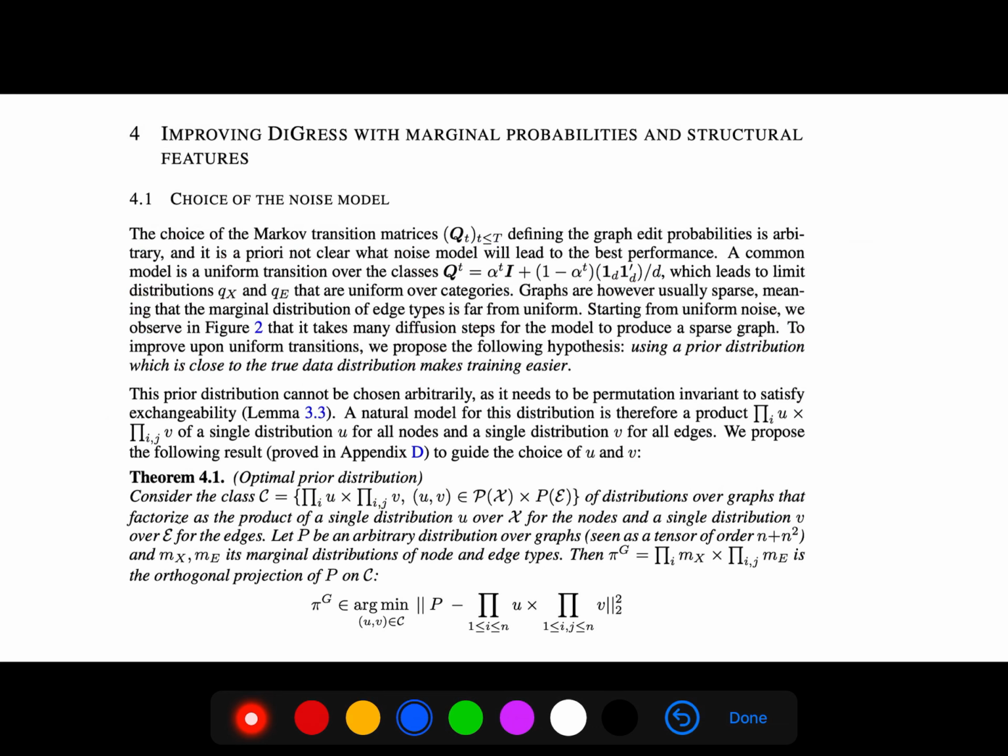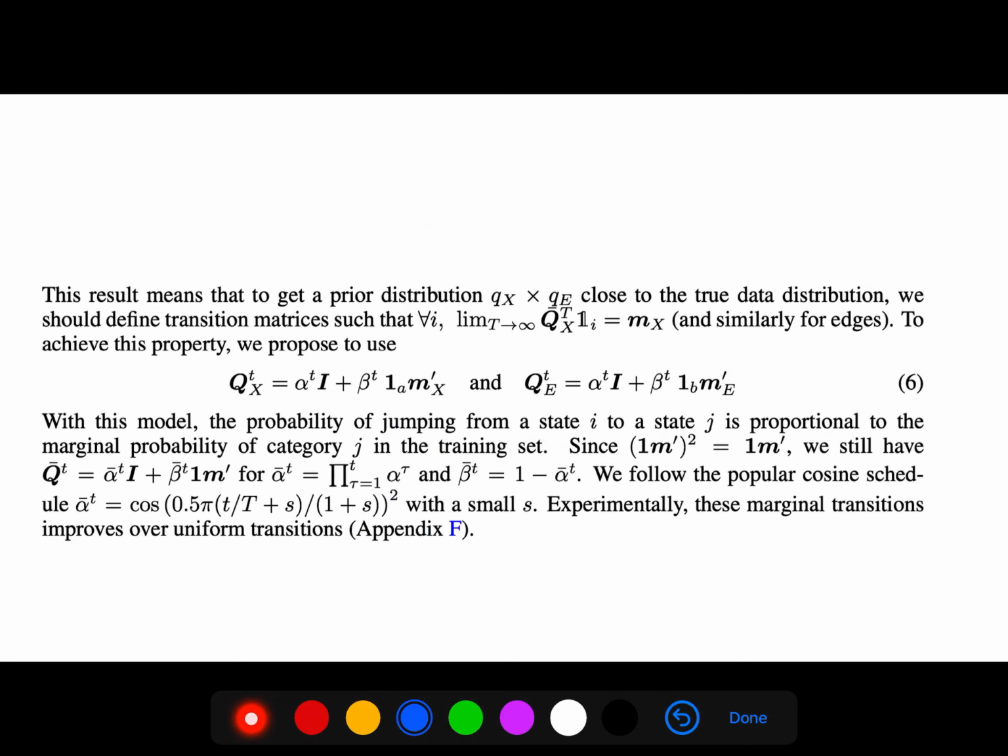So here they talk about the choice of that noise model. So they propose this hypothesis using a prior distribution, which is close to the true data distribution, makes training easier. So they propose this Q for nodes and this for edges. Whenever you see M is marginal, here, for example, is the probability of jump.